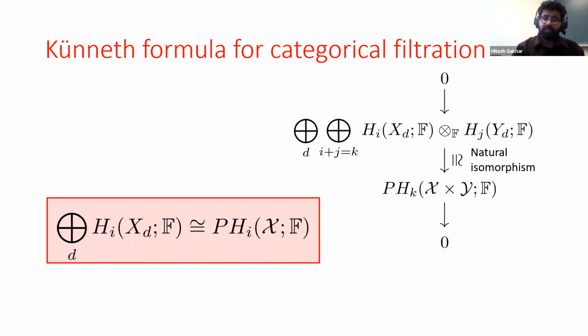So we get this neat little isomorphism between the persistence of the categorical filtration and this direct sum of the tensors.